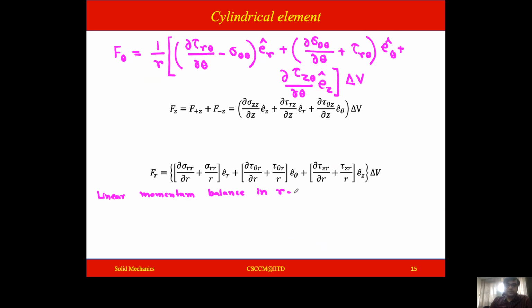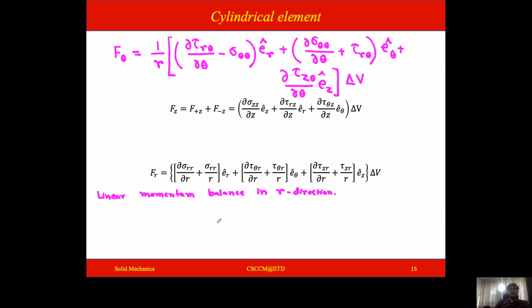Okay, right? So what we can do, we know force is equal to mass into acceleration. So that is what we are going to do.